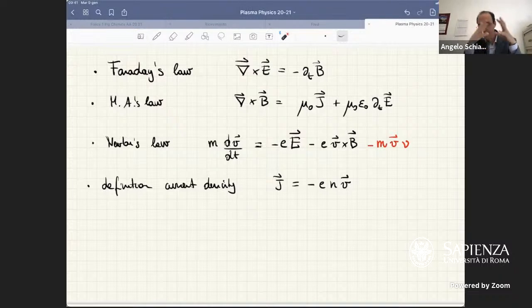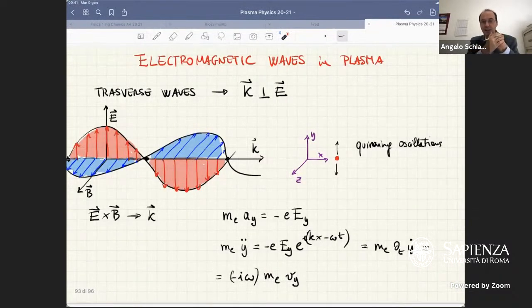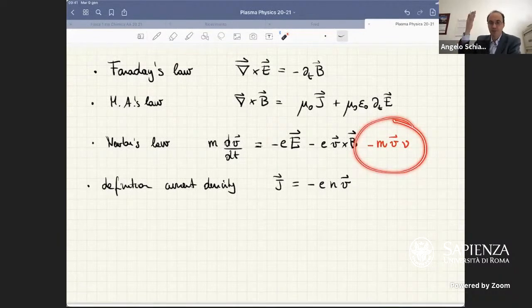So we put everything together in this derivation where we have the electrons talking to the electromagnetic field, and then there's a way of energetically coupling the electrons to the plasma, because we have just shown in this derivation that if electrons are not seeing each other, are not colliding, then there's no net energy transfer between the electromagnetic wave and the electron. And exactly this term here will be responsible for the energy exchange from the electromagnetic wave, from the light wave, for instance, of the laser.